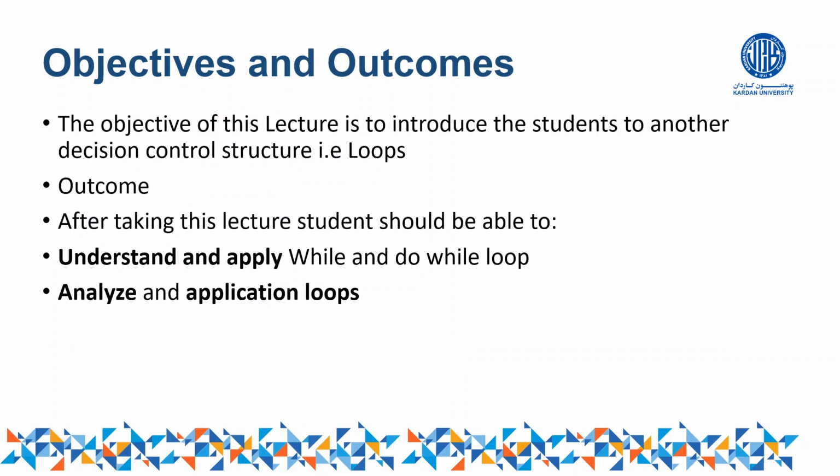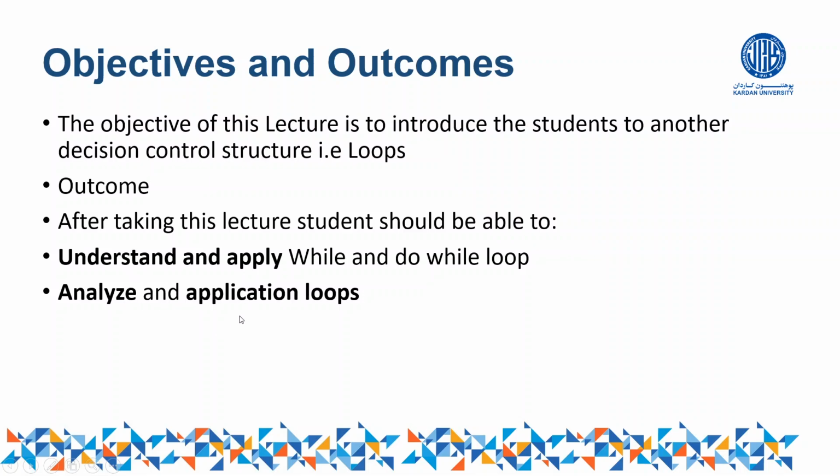The objective of this entire chapter is, I told you, to introduce the students to another decision control structure, and that is the looping structure. Obviously, after taking this lecture, the student should be able to understand and apply the while and then the do while loop. Of course, you will have the analysis and the application of loops.